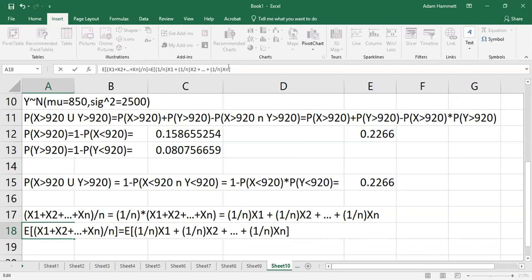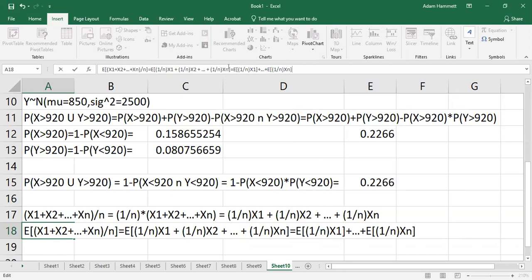which, by the way, I can write as, I can split up the expected value, right? I can just break that up. So then it's just going to be the expected value of 1 over n times x1 plus dot dot dot plus the expected value of 1 over n times xn.